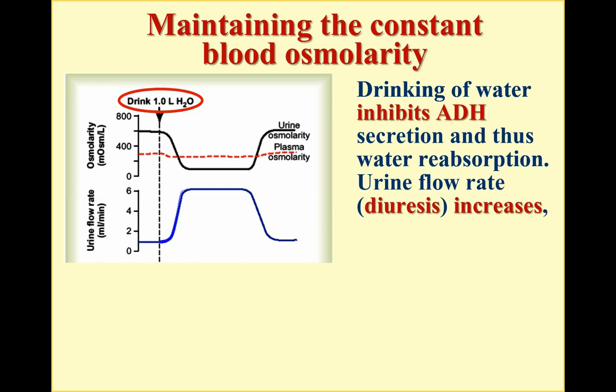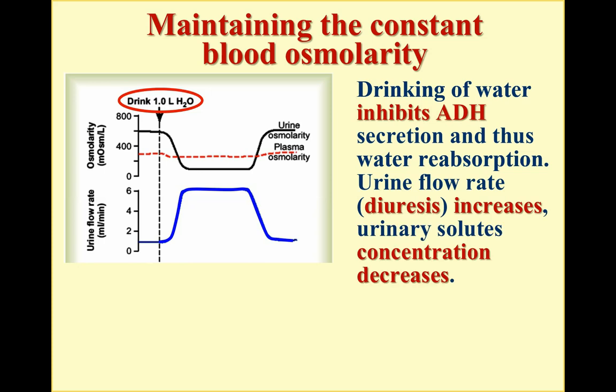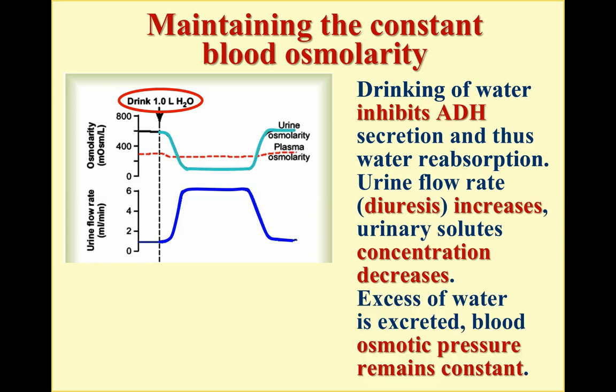Look at this blue line. It greatly increases for the next few hours, while urinary solutes concentration decreases correspondingly. And as a result, the osmotic pressure remains constant. It decreases only slightly, negligibly, and is quickly restored back.